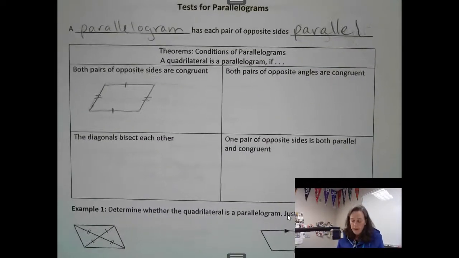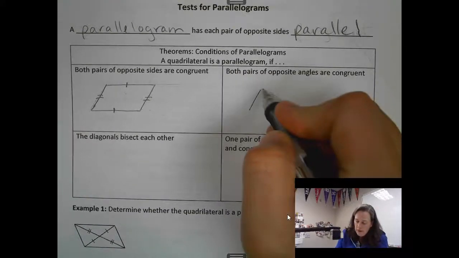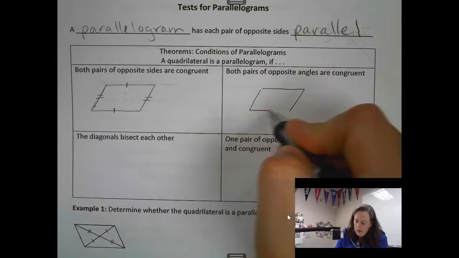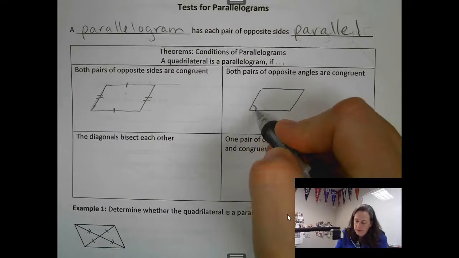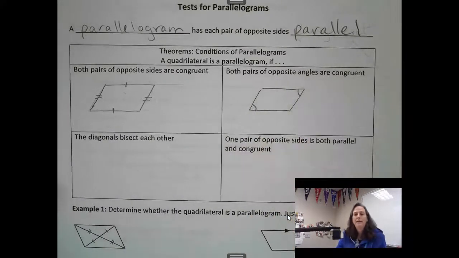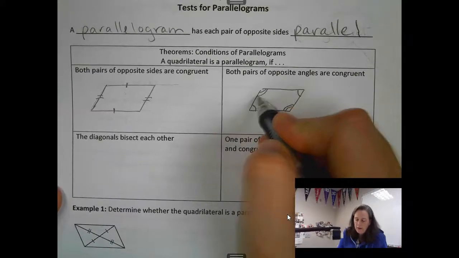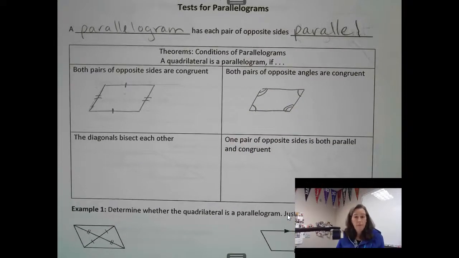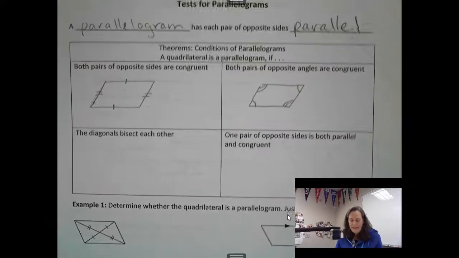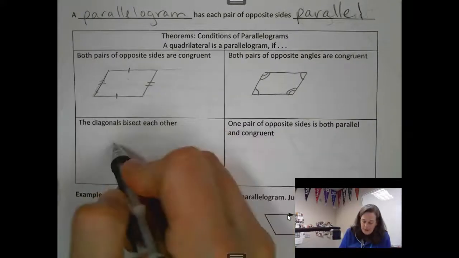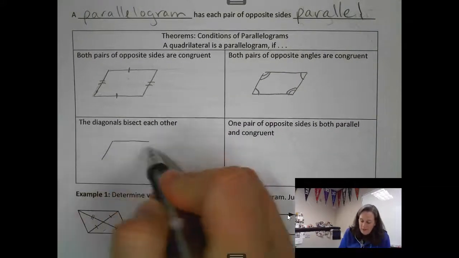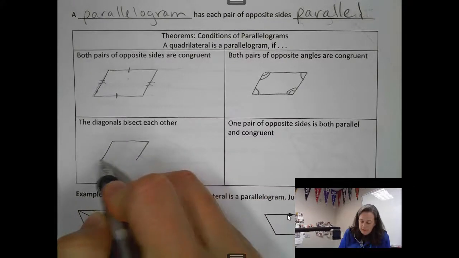All right, both pairs of opposite angles are congruent. So this angle is congruent to the one on the opposite side. And this angle is congruent to this one on the opposite side. Okay? The diagonals bisect each other. This should sound kind of familiar, right?